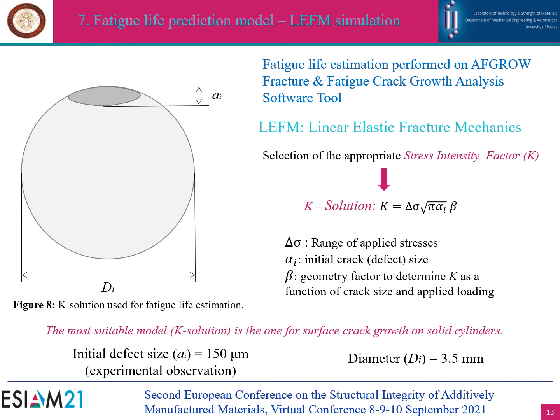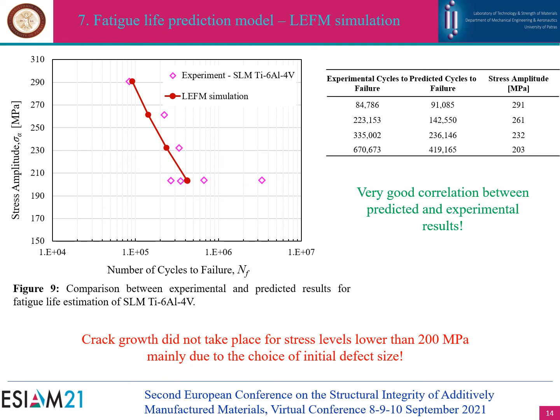In Figure 8, the presented model shows the cross-section perpendicular to the loaded plane on which the crack is about to grow. The initial defect size was chosen as 150 micrometers based on experimental observations. In Figure 9, the comparison between experimental and predicted results is presented.